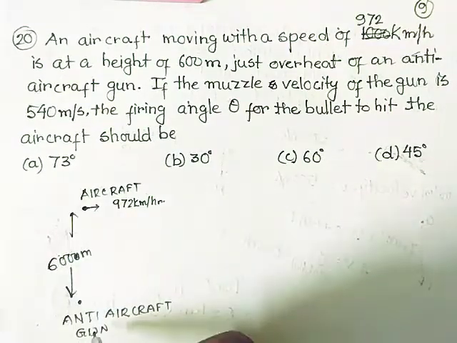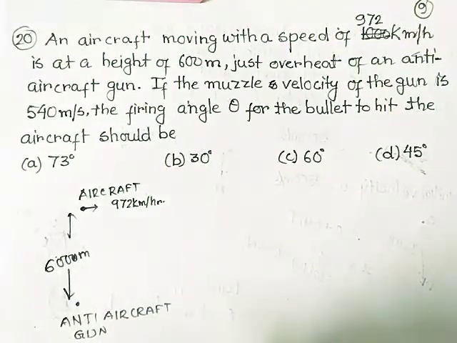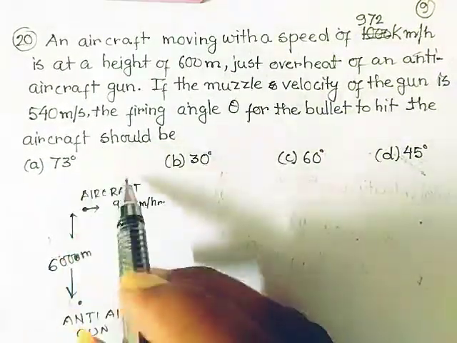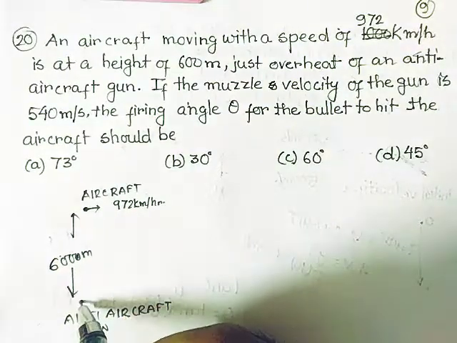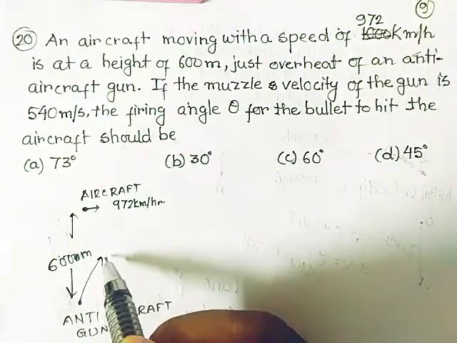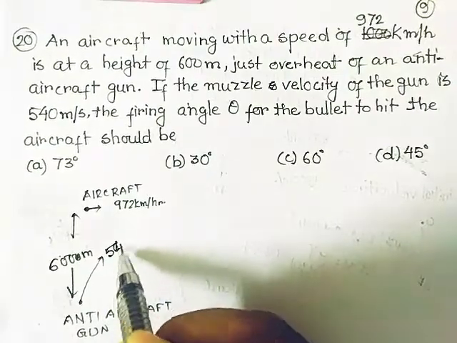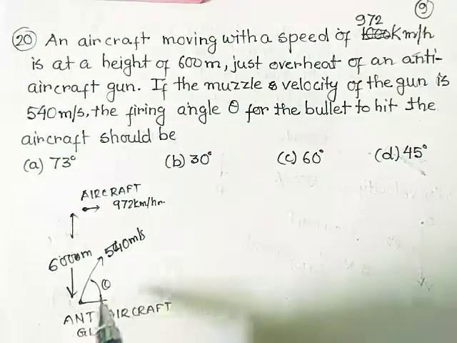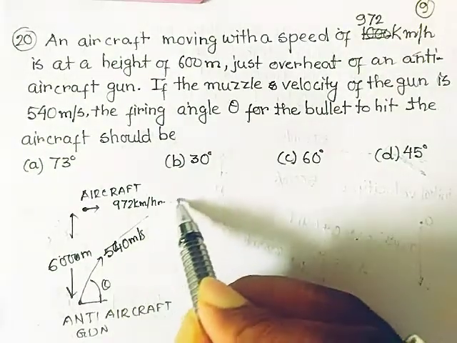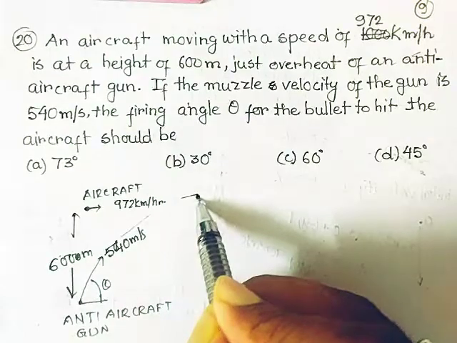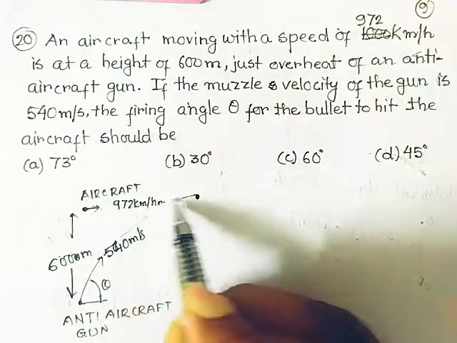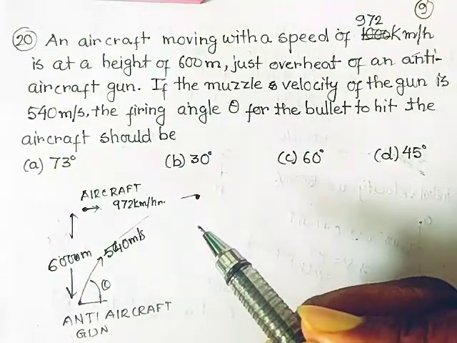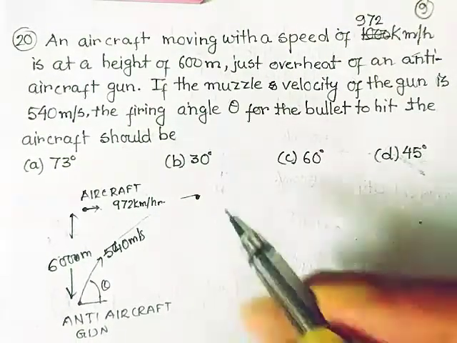The bullet is fired at 540 meters per second. We have to find the angle theta such that when it reaches this height, that is the maximum height, the aircraft is here at that time, and this is the one and only possibility to hit.